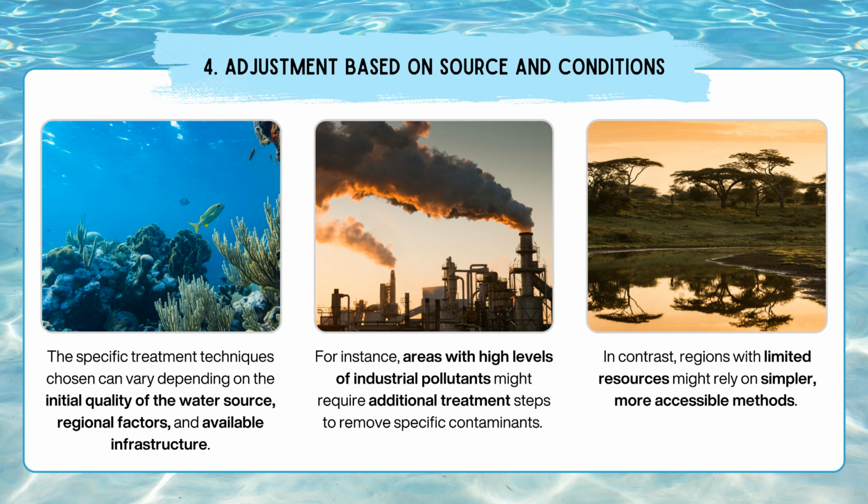Now that we've looked at the conventional methods for producing potable water, we'll soon explore desalination, particularly relevant for areas lacking fresh water sources. Remember, these steps, source selection, filtration, and sterilisation, are integral for ensuring that water is safe to drink, providing an essential service that supports public health and well-being.